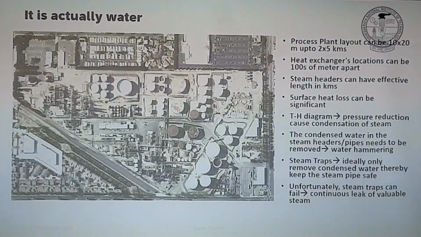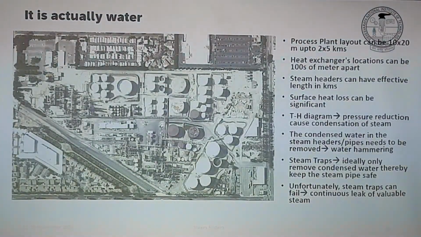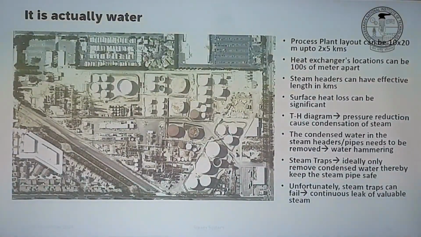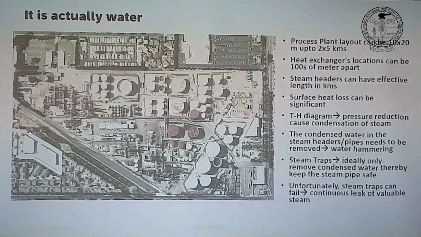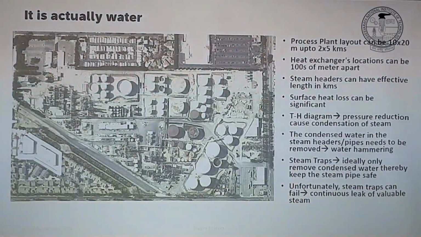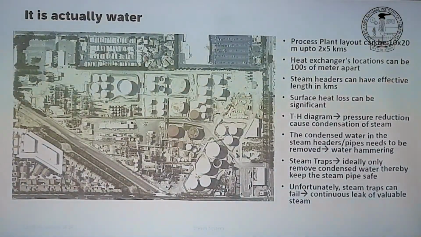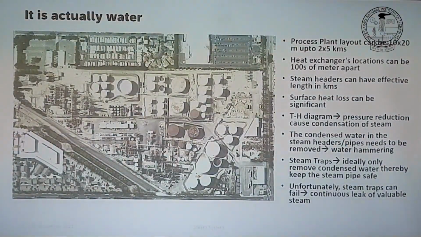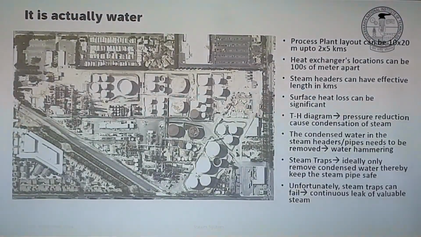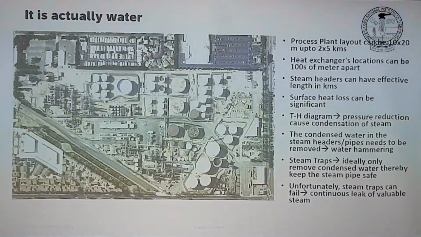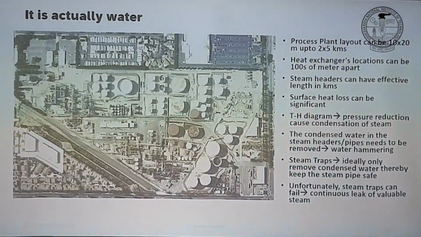With a 220 degree steam header, you will have a lot of heat losses. And we saw that if these headers are saturated steam headers, any heat loss will result in condensation, because it's at saturation temperature, so any heat leaving this system will result in condensation.